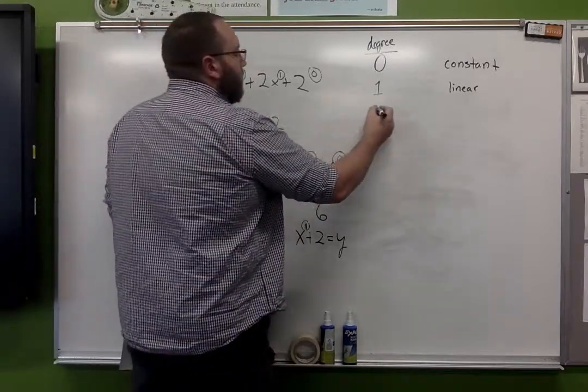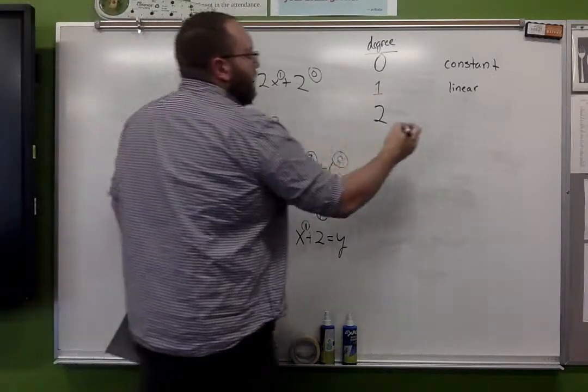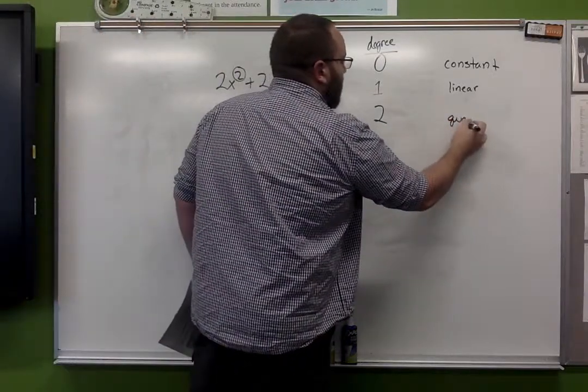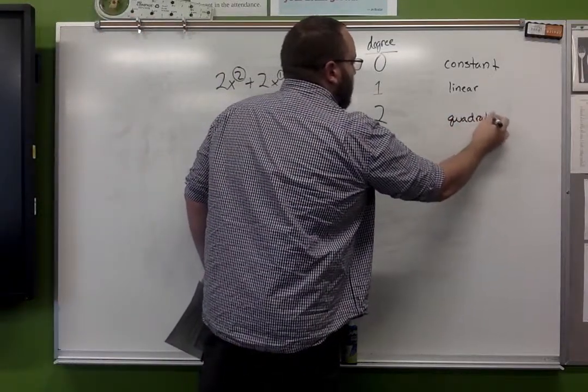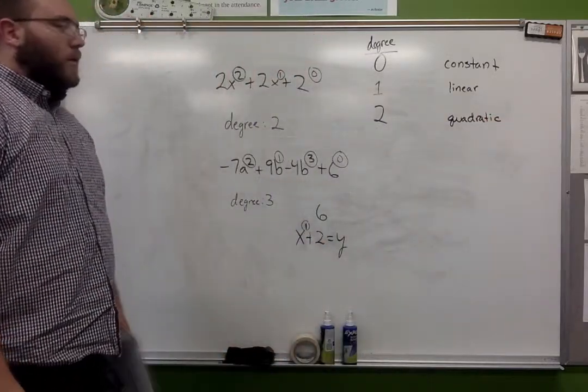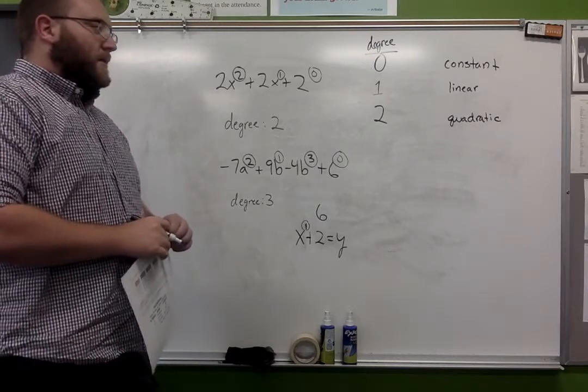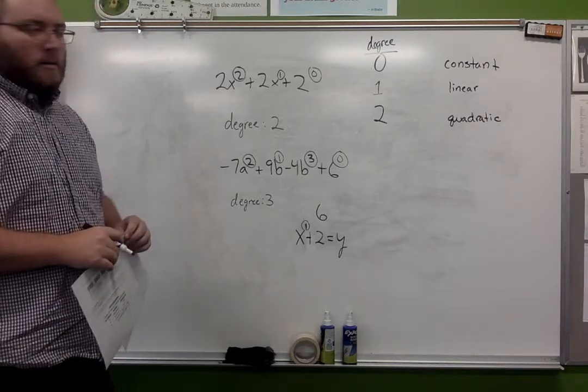Degree 2, for example this one right here, is called quadratic. Now, I know it sounds kind of weird, like, why is that 2? Quad sounds like 4. It comes from how you would say it in Latin.